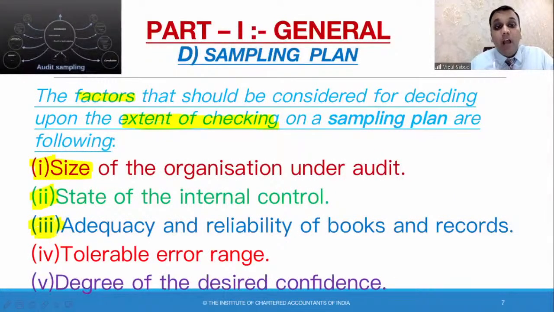Adequacy is how much adequate, in good state, the documents you require for audit, the books of account are available to you. Are there any missing books or ledgers or documents?